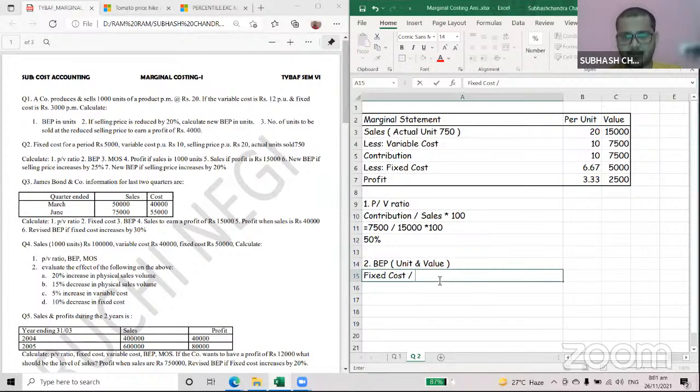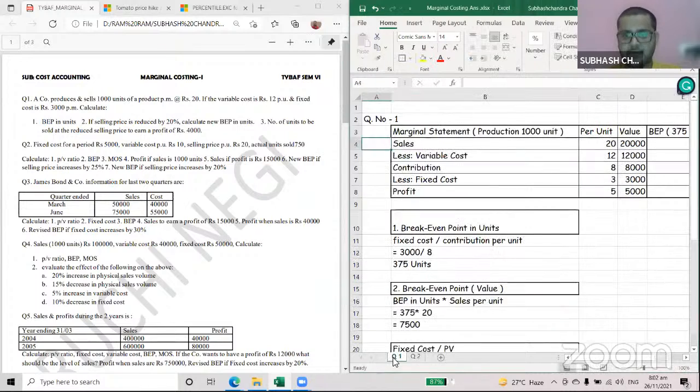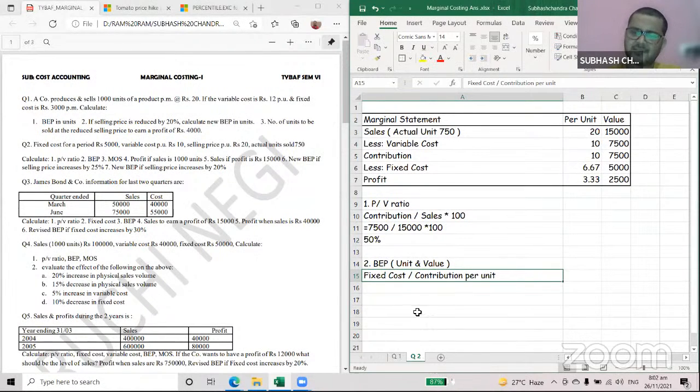I hope contribution per unit. Fixed cost divided by contribution per unit. If not, you can refer to the last question. You will get the answer. Formula is important. Process is important. If you understood that, from the next question onward, you can prepare everything.